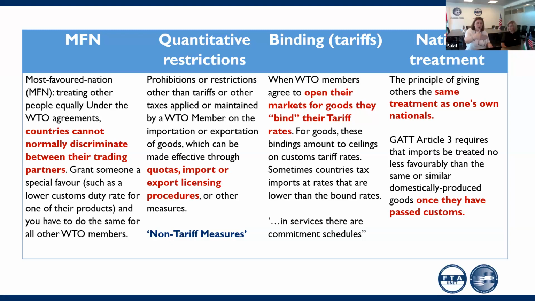But at the border, you can add a tariff or put certain conditions for the good or the service to enter your territory. But once it's in, you should not discriminate between like products. So we're talking about disadvantages in trading or creating artificial barriers. So these are the basic principles.